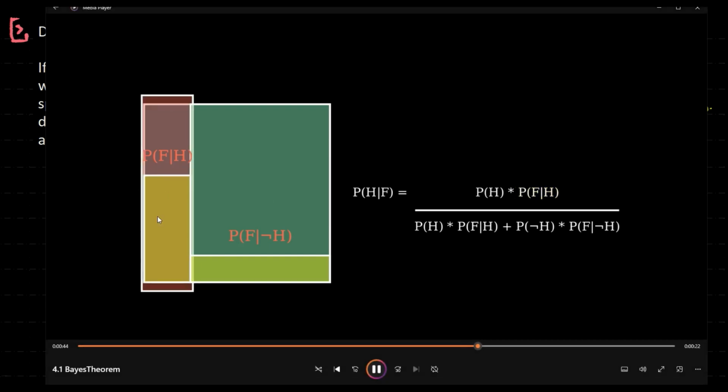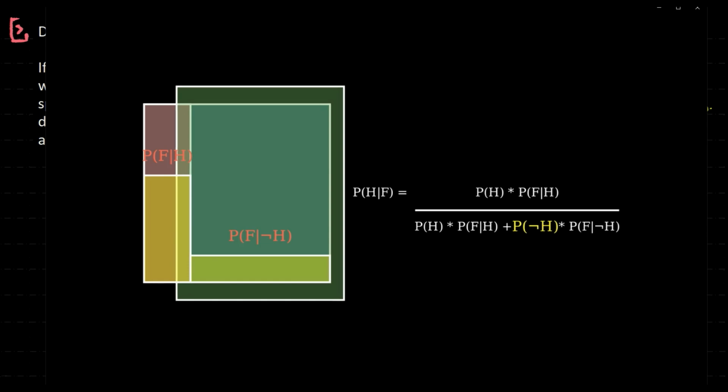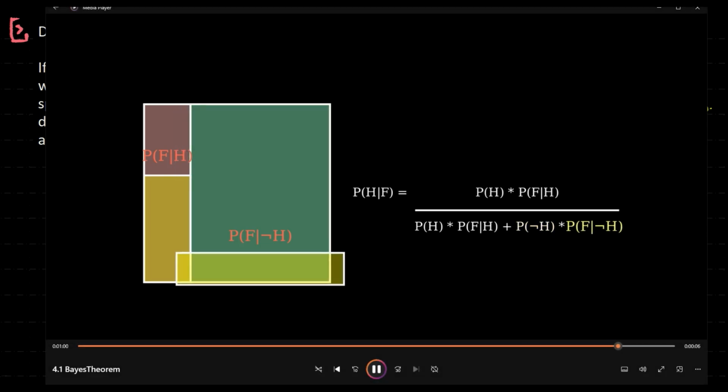This is P of F given H. Same thing with the denominator. The denominator will pretty much add all the A's from everywhere. That's what we are doing.